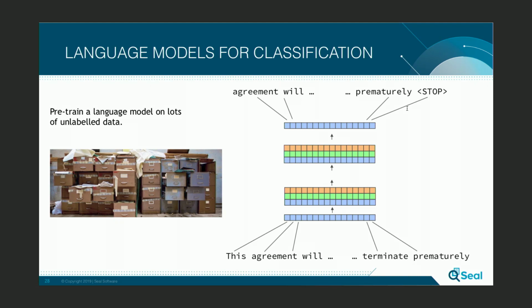So we deal with contracts instead of Wikipedia. We take gigabytes of contractual data and train this language model on these contracts instead. So this will give us a language model tailored specifically to contractual data.